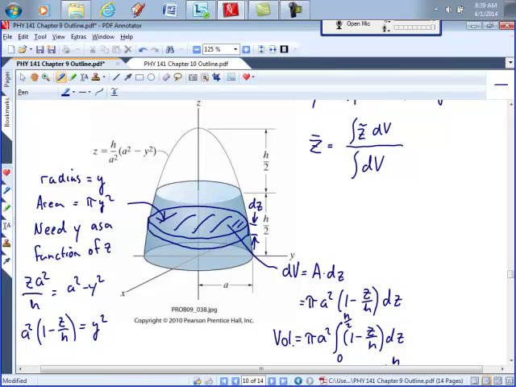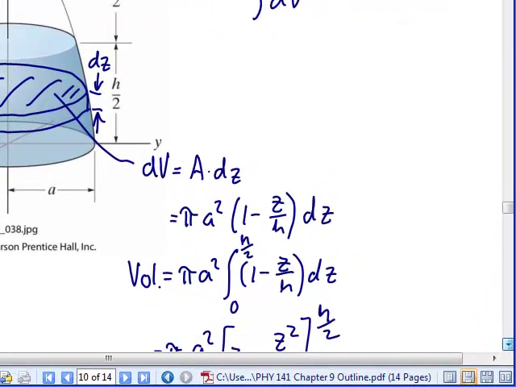Now, the disk has differential thickness, so basically all of its volume is concentrated at the same level of z. So this z tilde is just going to be z. The whole volume is at the same value.